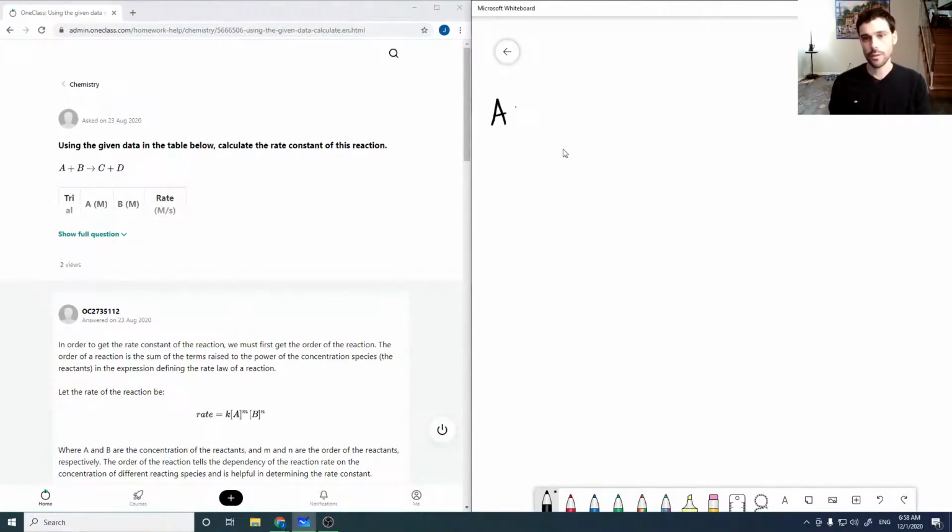So we have this equation, just a general chemical equation, and we're given 3 trials and initial concentrations for each of the 2 reactants and a measured rate.